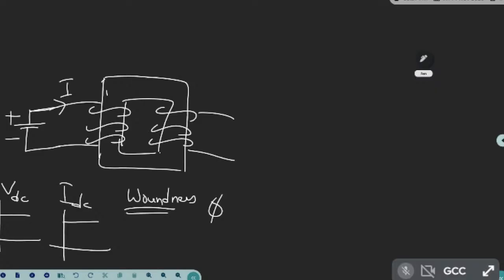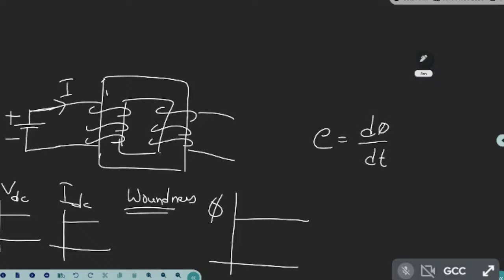This flux is constant. The applied voltage is DC, current is DC, flux is also DC. But in order to induce an EMF, what do you require? d phi by dt. The flux has to change with respect to time.